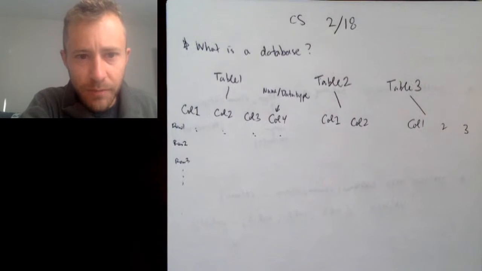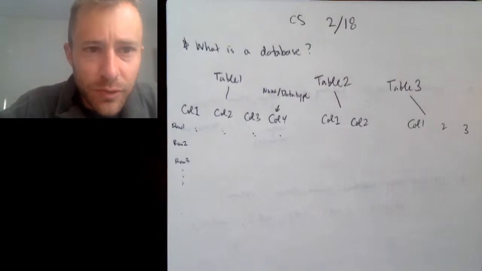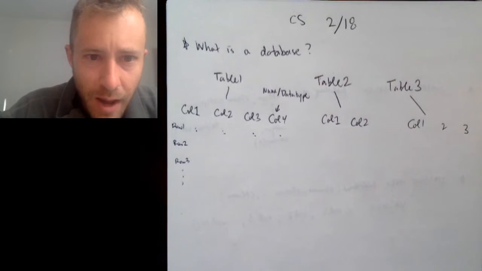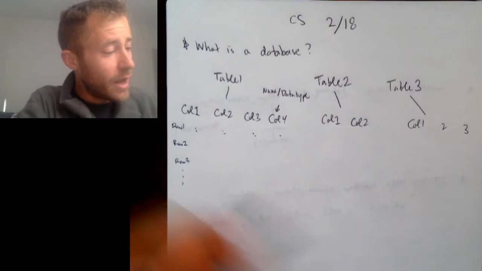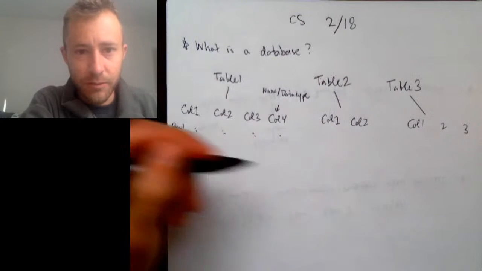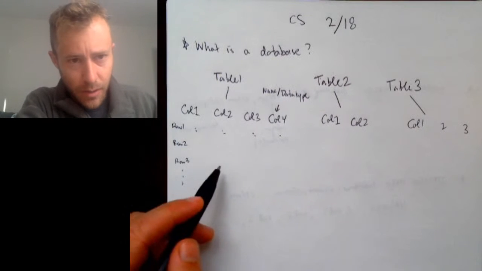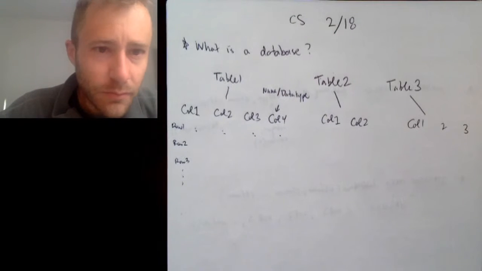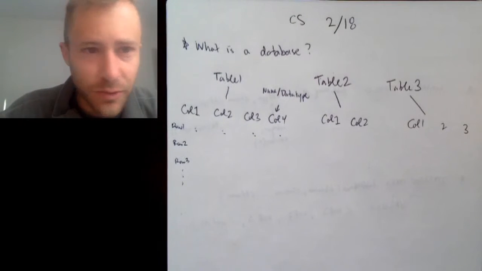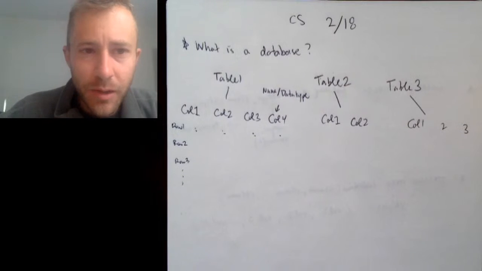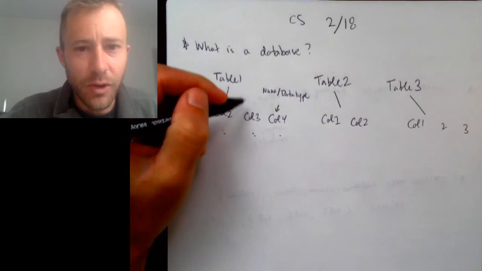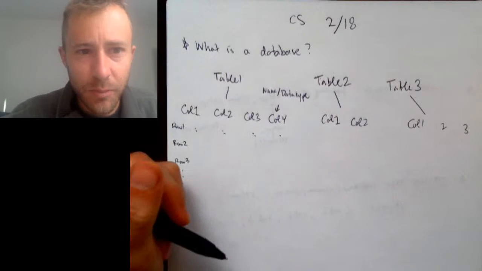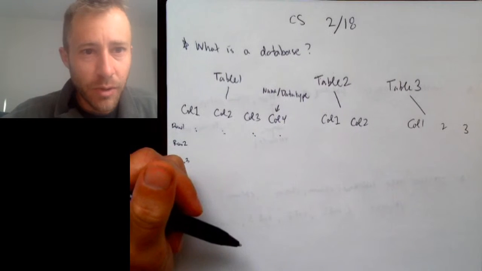So it's an entry. You don't necessarily have to have every column filled out for every single row. So, for example, if you are storing a list of customers or something like that, maybe one of these is a cell phone number and one of these is a house number, like a landline number.